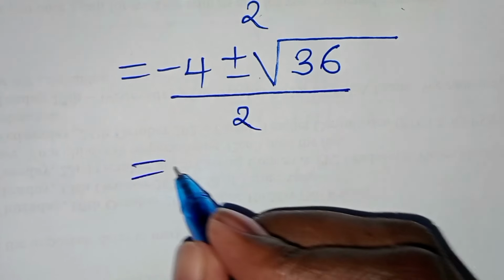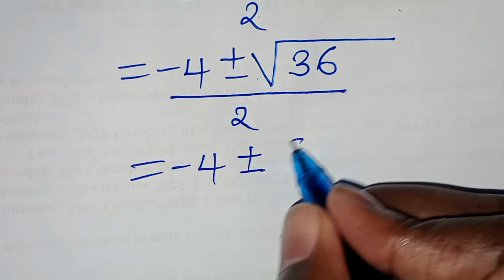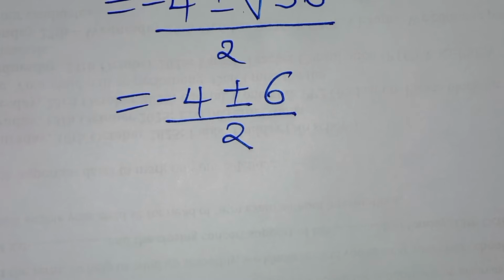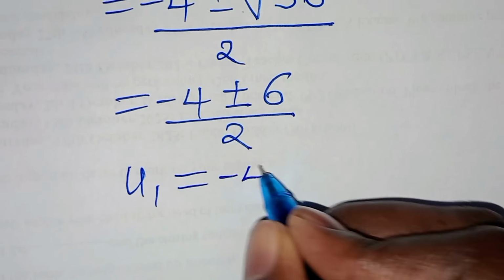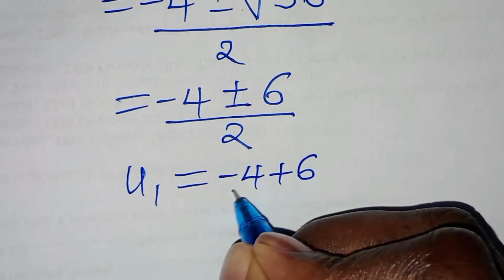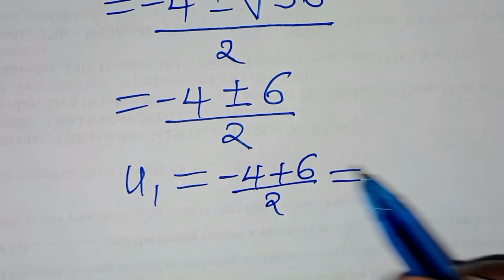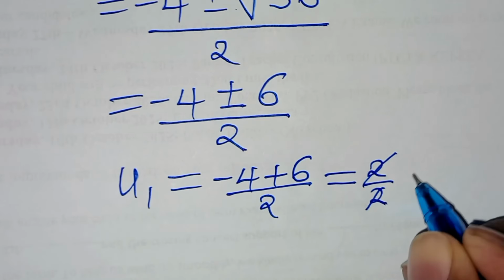So we have minus 4 plus or minus the square root of 36, this is equal to 6, over 2. Now this implies that u1 is equal to minus 4 plus 6 divided by 2. This is equal to 2 over 2. If you simplify, we have 1.